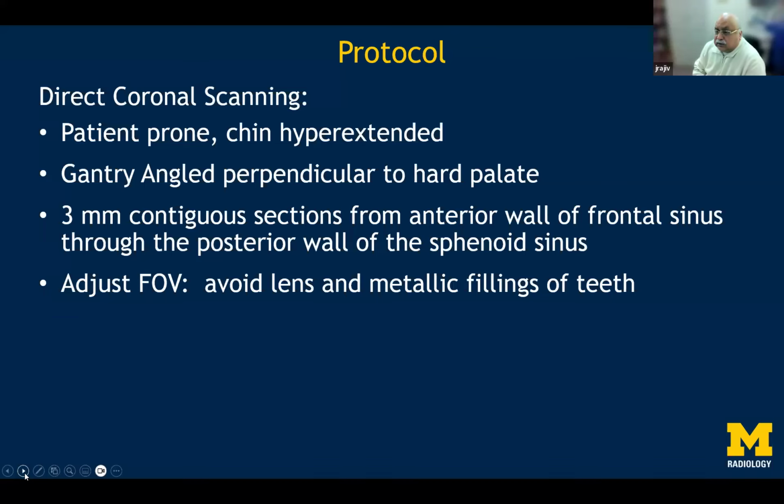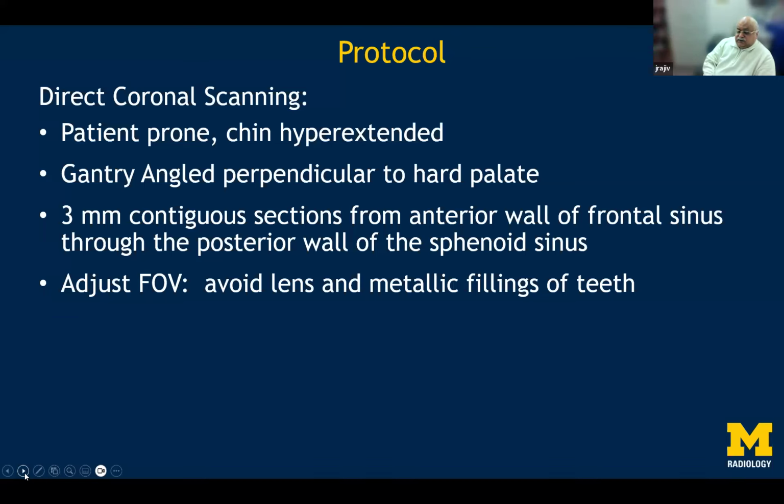So remember that in the days of old, we used to do direct coronal scanning of the patients lying prone in the gantry with the chin hyperextended, and the gantry was angled perpendicular to the hard palate, and we used to take 3 millimeter contiguous sections from the anterior wall of the frontal sinus to the posterior wall of the sphenoid sinus.